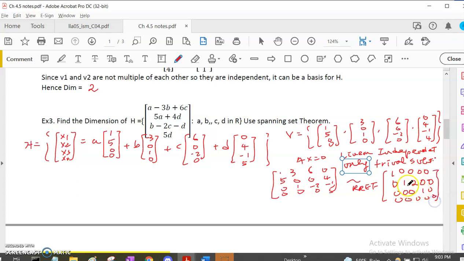So that means if I solve it equal to 0, x1 is equal to 0, x2 is equal to negative 2 x3. This is a free variable, and this is also equal to 0.